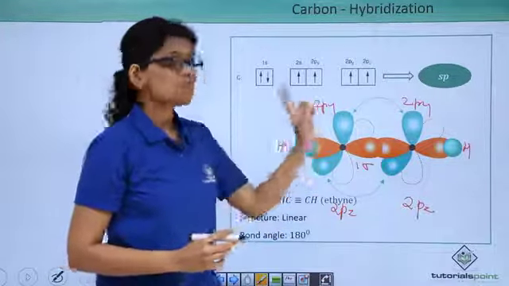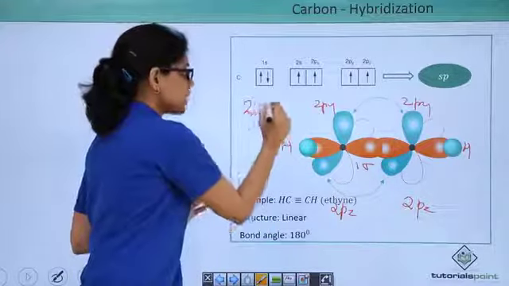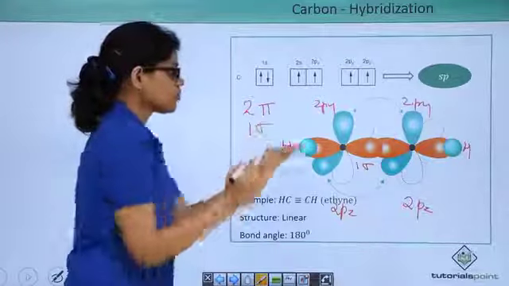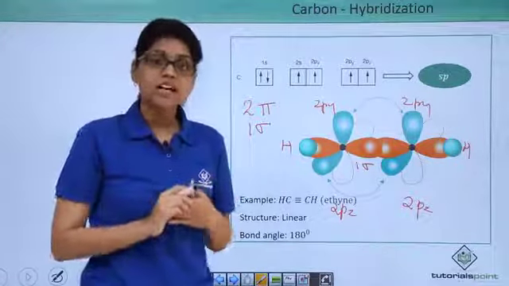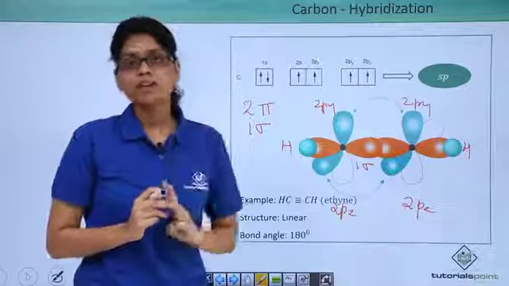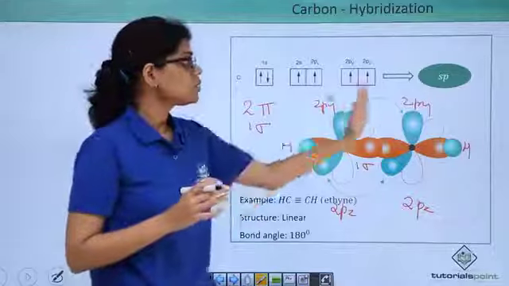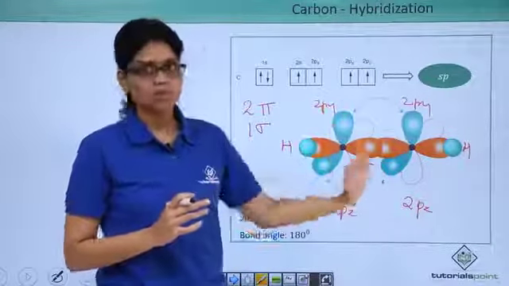So there are two parallel overlaps which will give you two pi bonds, and one sigma bond due to linear overlap. It's very important to understand that when we have a triple bond involved, we have one sigma and two pi bonds, mainly due to the two parallel overlaps between 2pz and 2py.